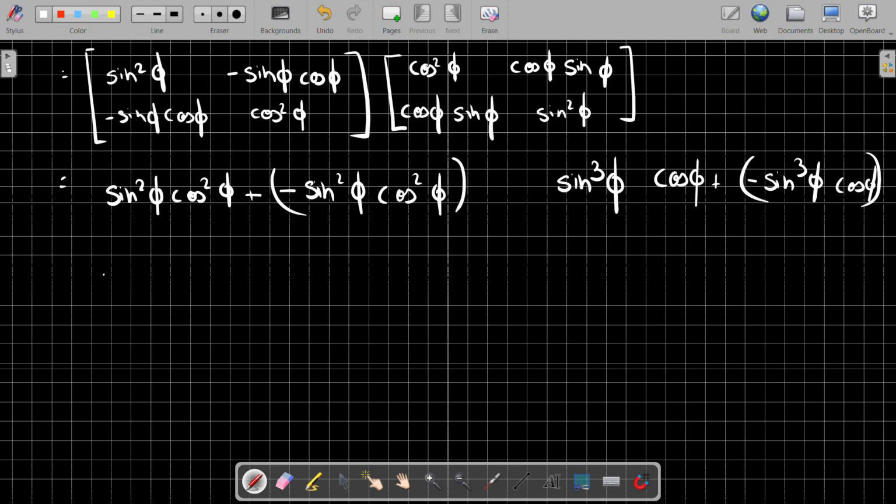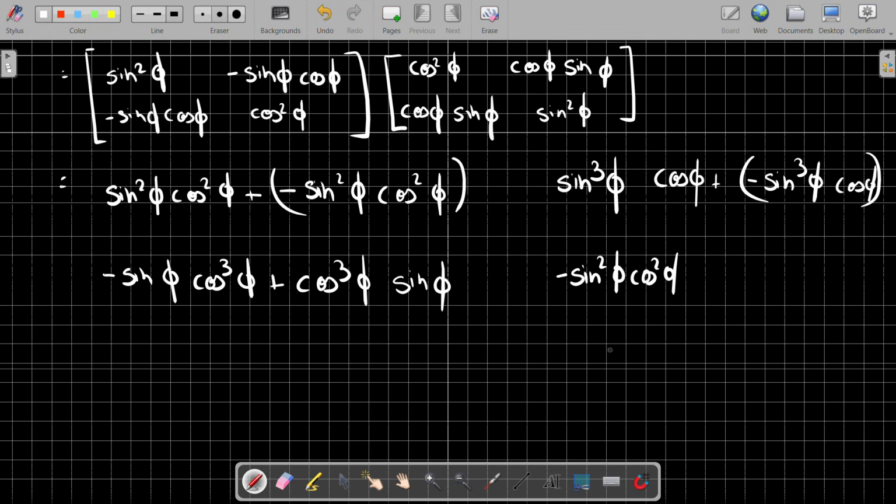Second term becomes minus sin phi cos cubed phi plus cos cubed phi sin phi, and the last term of the matrix becomes minus sin squared phi cos squared phi plus sin squared phi cos squared phi.